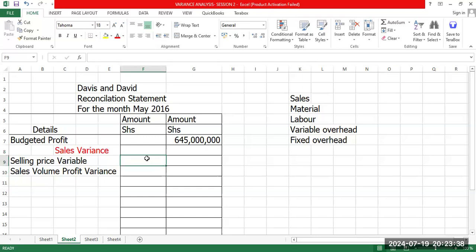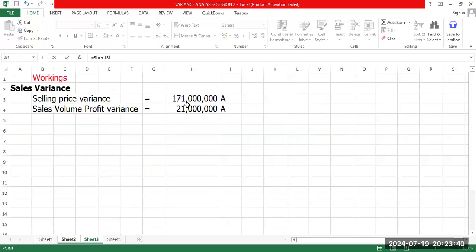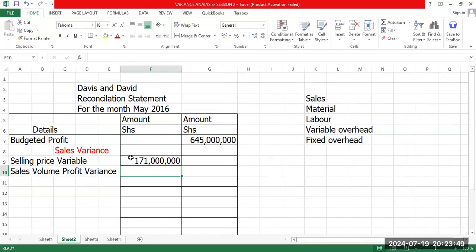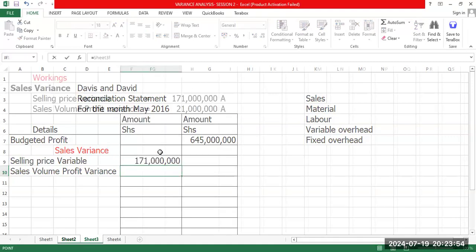And our figure is this one. Then here our figure is this one.